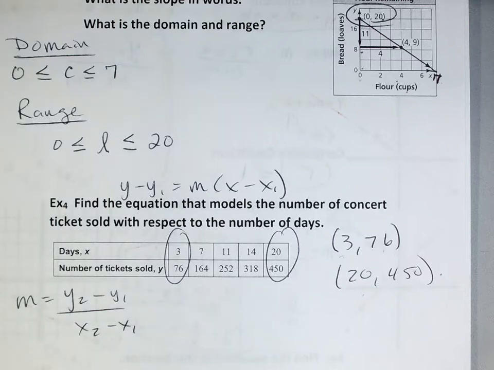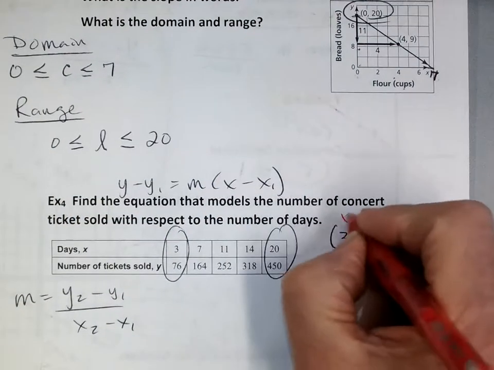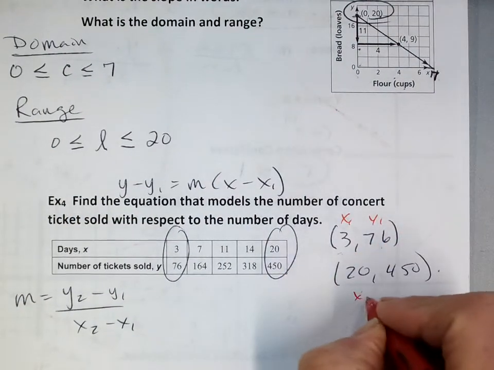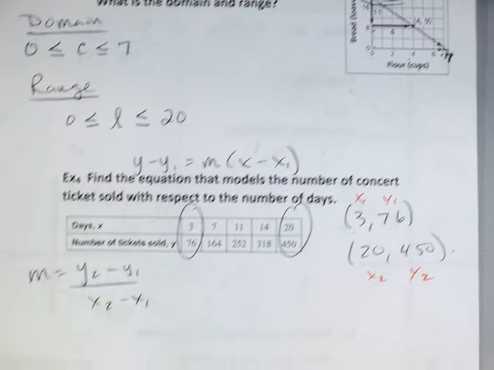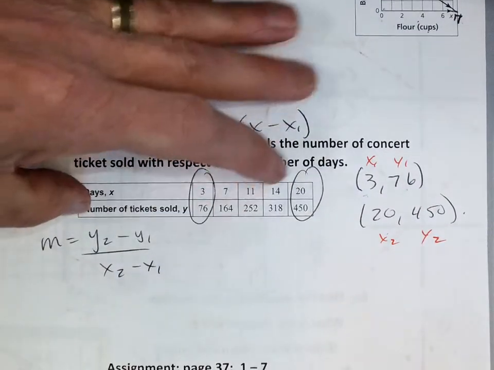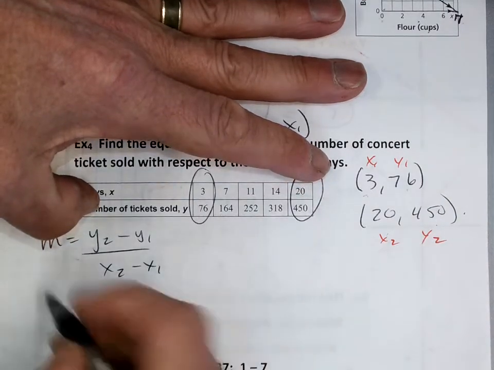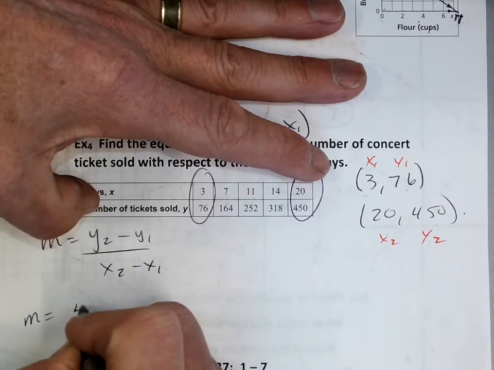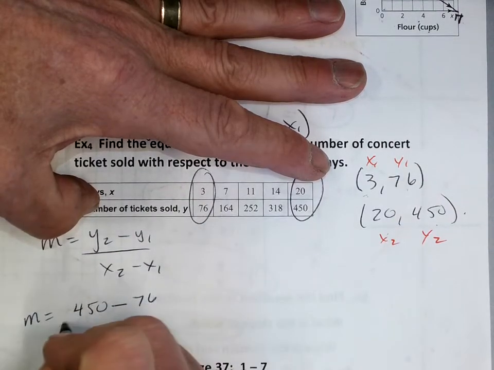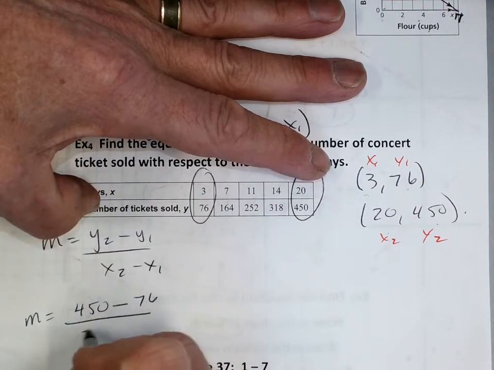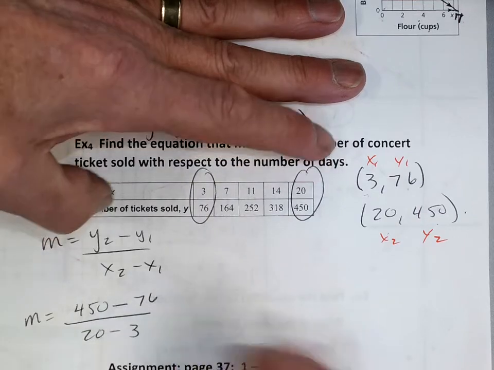And we're going to do what we did before. I needed to pick 2 points, any 2 points: x1, y1, x2, y2, right? I'm going to go for the slope: 450 minus 76 over 20 minus 3.